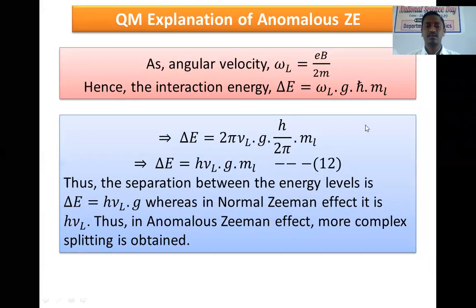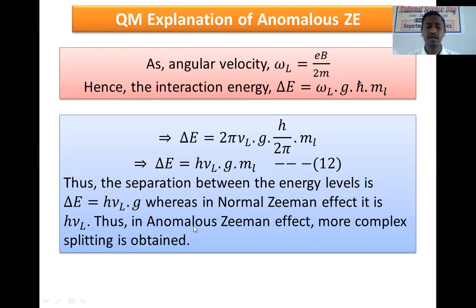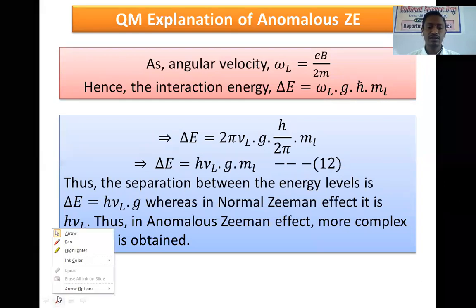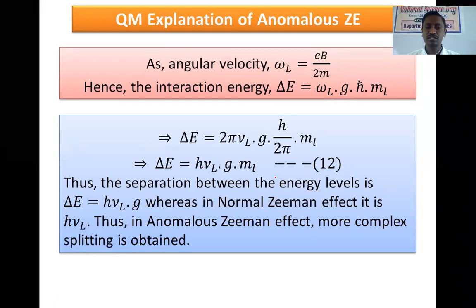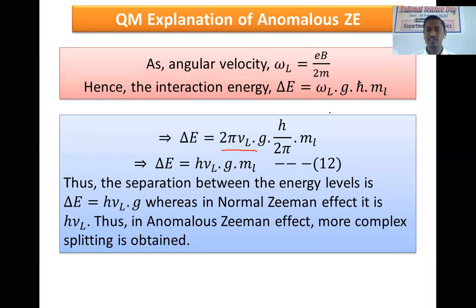Also omega L, that is the angular velocity, can be written as twice pi nu L, because we know omega equals 2 pi by T or twice pi nu. So omega L will be equal to twice pi into nu L into g as it is.